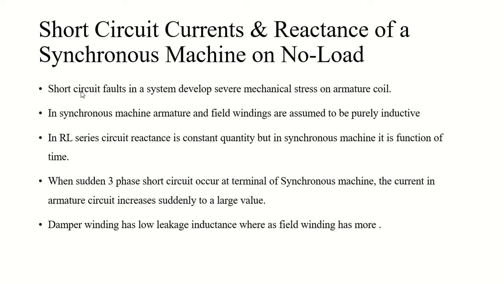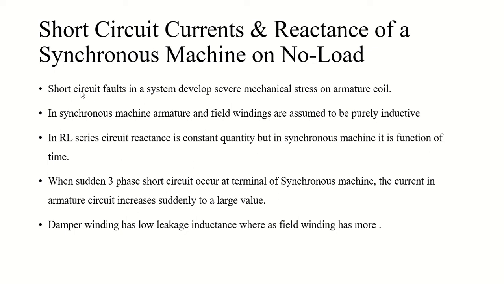By application of short circuit to my armature winding, the current flowing through the armature of the synchronous machine under short circuit condition will be the same as the current flowing through an RL series circuit, right?